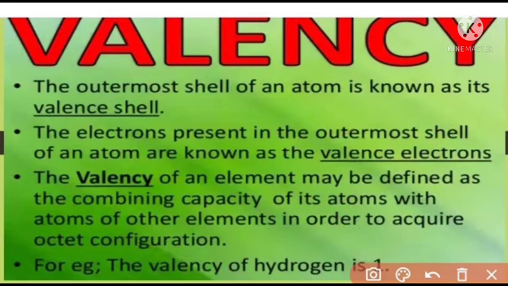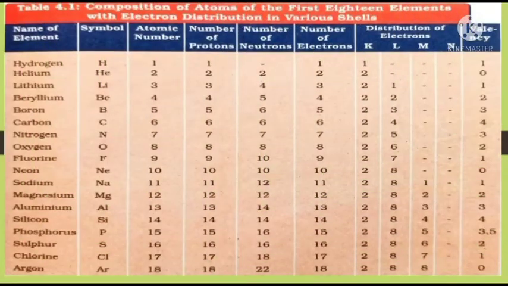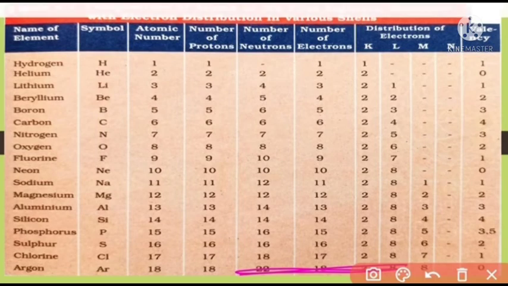Different atoms contain different valencies. The first element of the periodic table is hydrogen, and its valency is 1. Therefore different atoms have different valencies. This is described as follows for the first 18 elements in the periodic table.